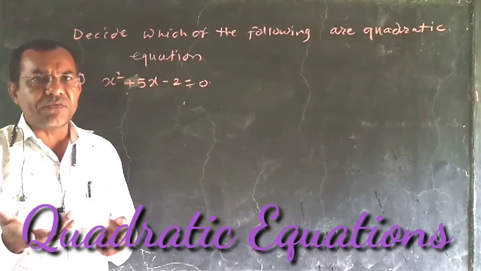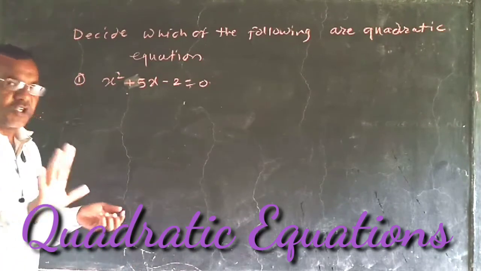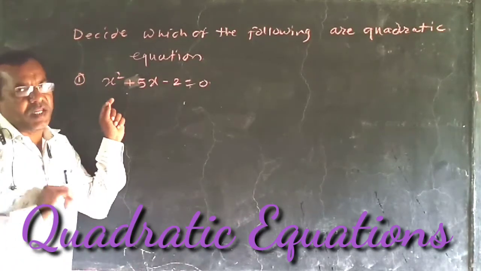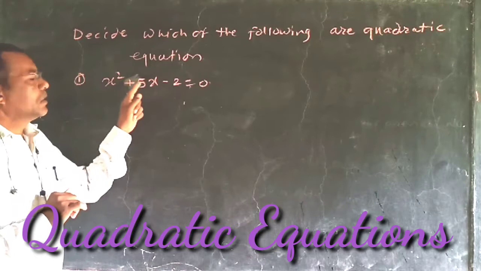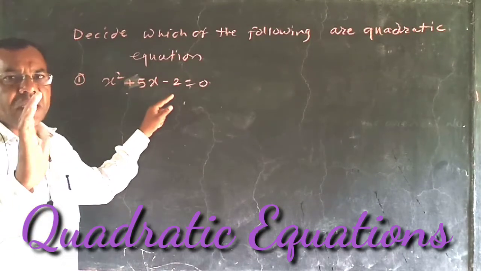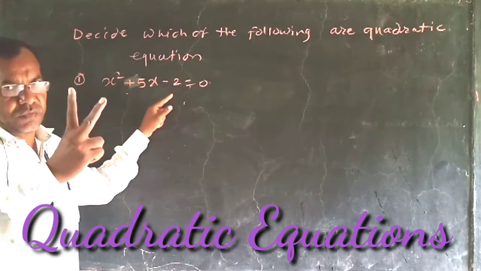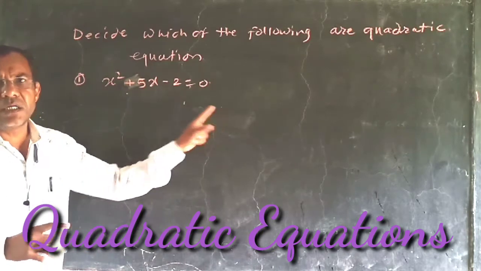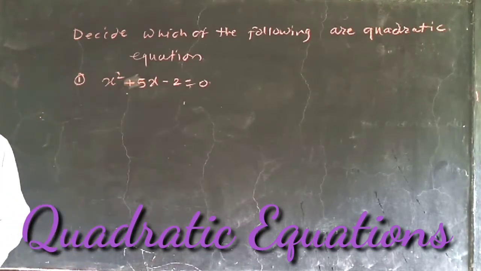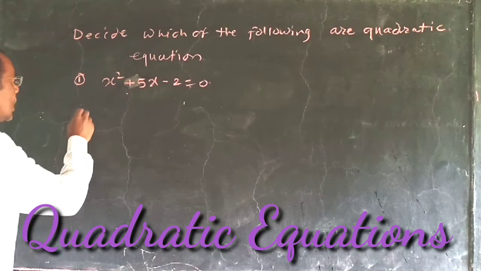How to identify? The equation must have one variable and the highest index must be 2. Then it is a quadratic equation. Then how will you write in this equation?